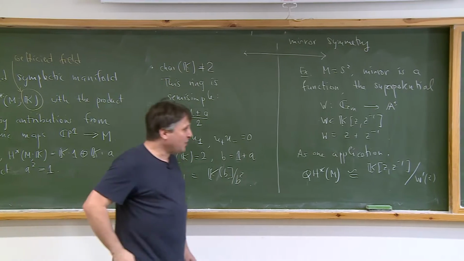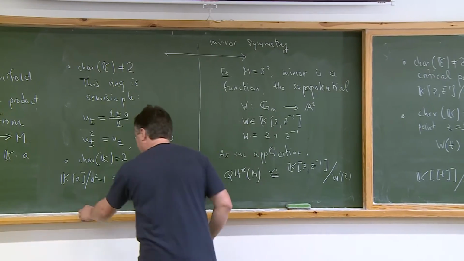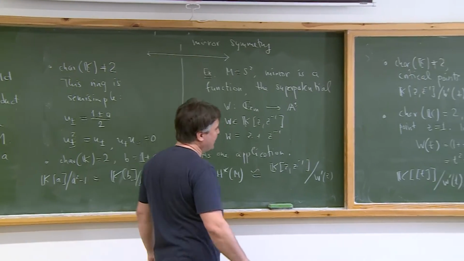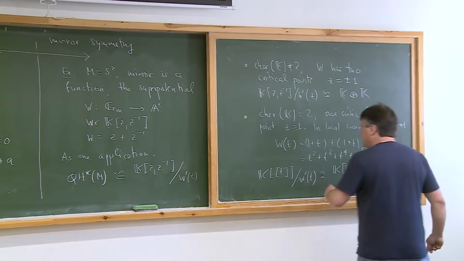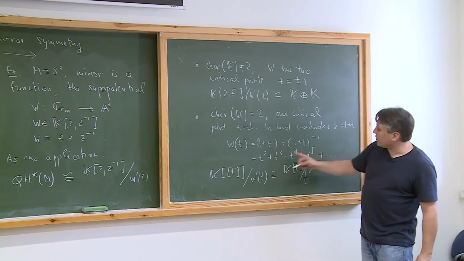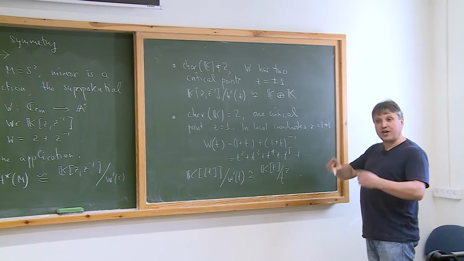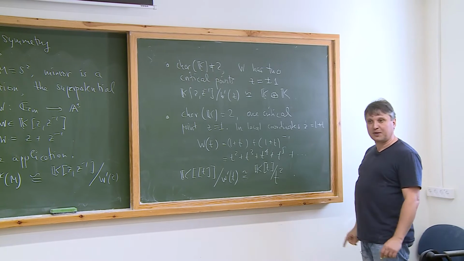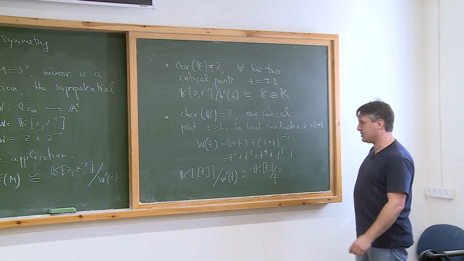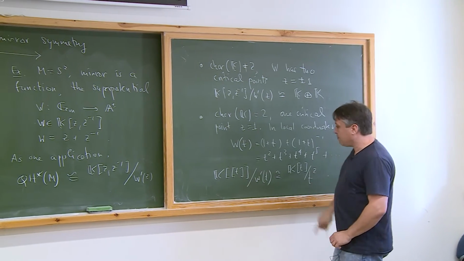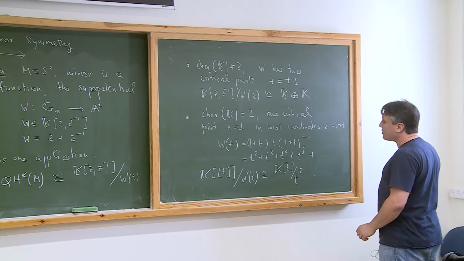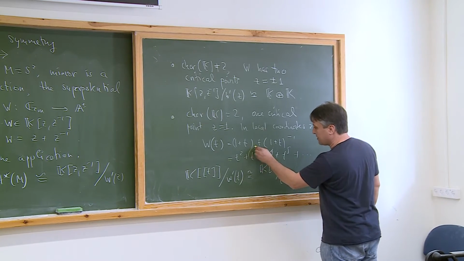Okay? I wanted to point out something here. So in characteristic 0, if you have a function with a non-degenerate critical point, you can always change variables locally to make the function plus or minus t squared, in this case plus t squared. But in finite characteristic, that's not necessarily the case.